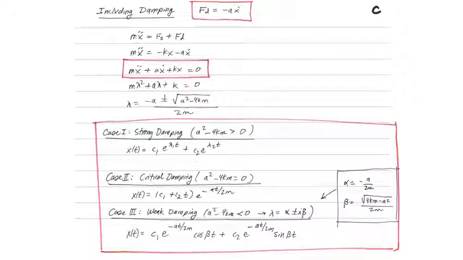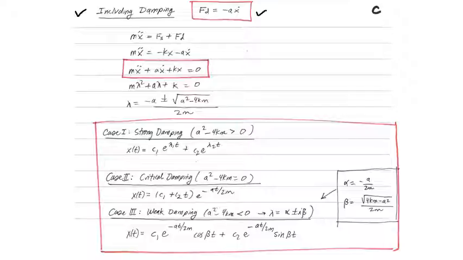see what happens. The first complication we're going to introduce is we're going to include damping now, and we're still going to assume that there's no external force acting for now, but we're going to assume that we have a damping force acting on the mass that's proportional to the velocity.